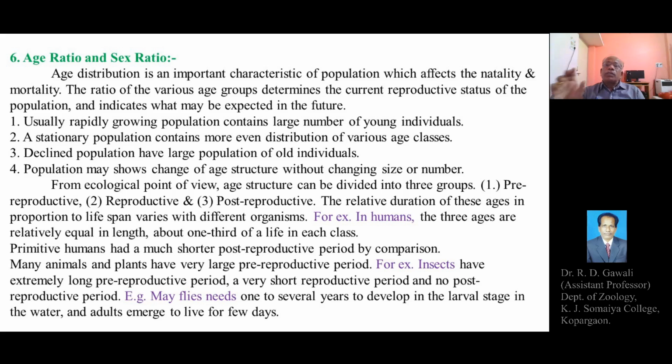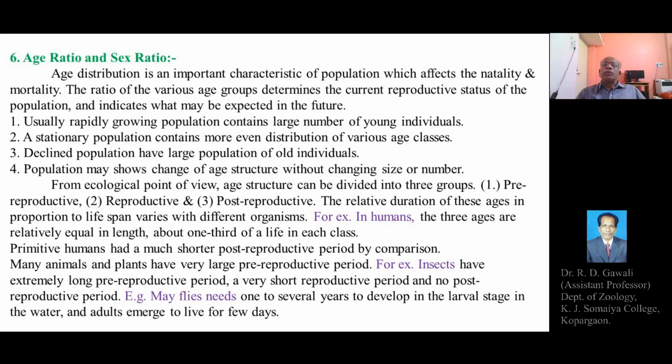Out of 75 years, the young stage will have about one third, that is 25 years. The adult stage is again 25 years, and the old stage is again 25 years.